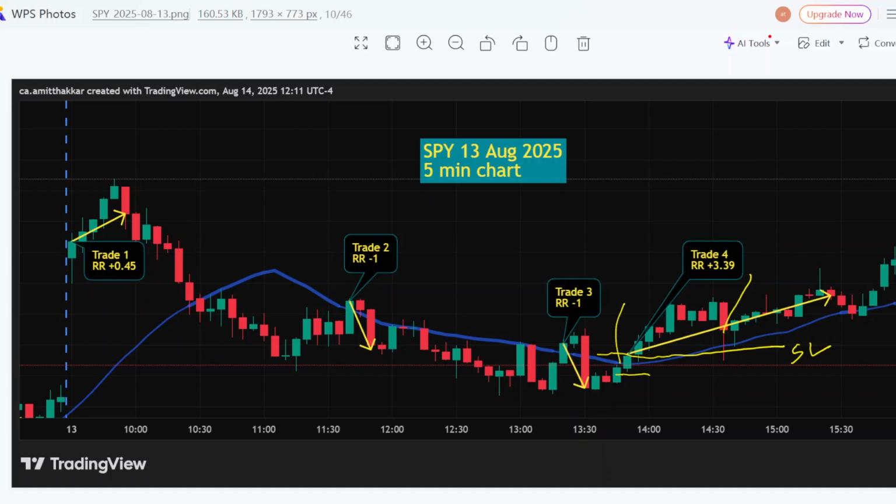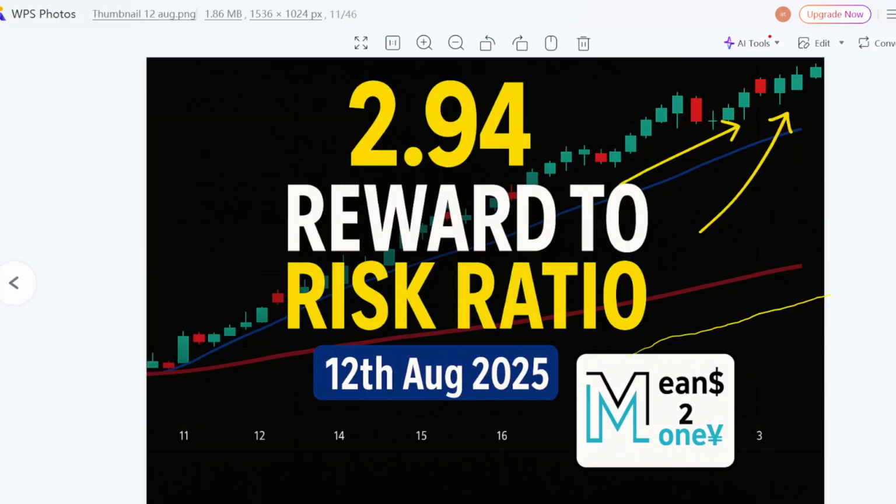Had we moved our stop loss before this candle was coming down, we would have got exited here. So if we held on to this position and say on this candle, hold on, I'll move this.